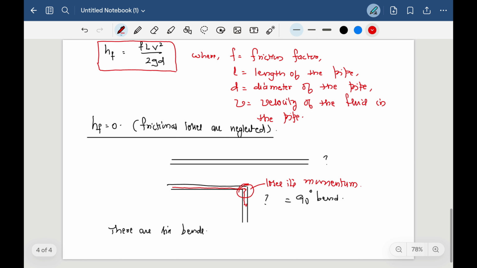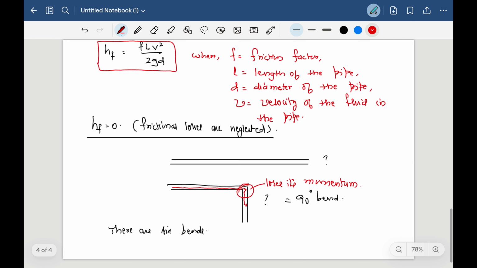That means at bends, there can be heat energy which is lost to the atmosphere. Friction also causes heat energy which is lost to the atmosphere. Frictional energy is also lost. A loss at the bend is also a loss.